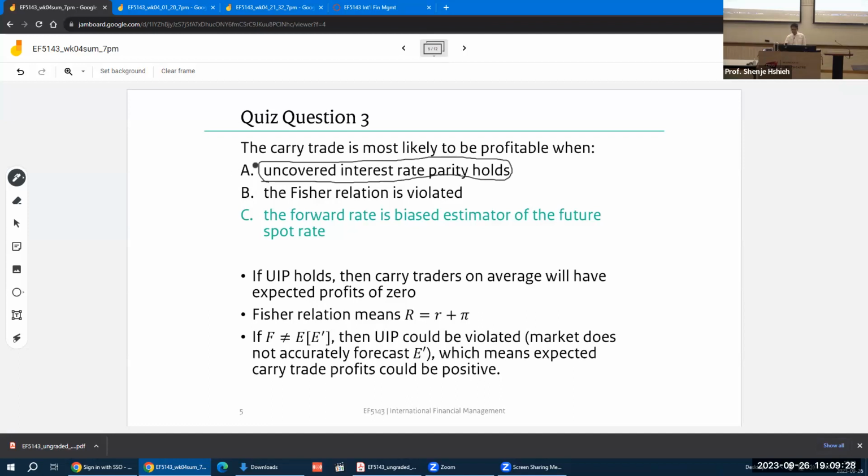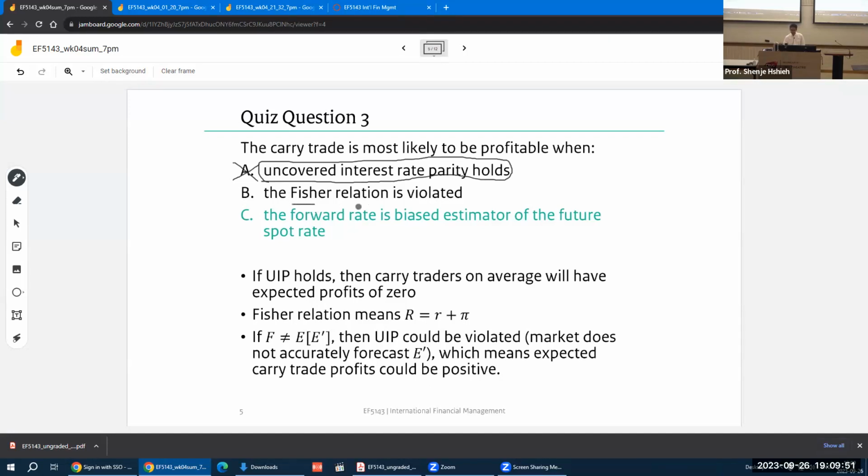By definition, this is a bad answer. You want to find a way in which UIP is violated, a gap between the returns of going long a foreign currency and shorting a low interest rate currency. So A definitely gives you the opposite conclusion. A is wrong.